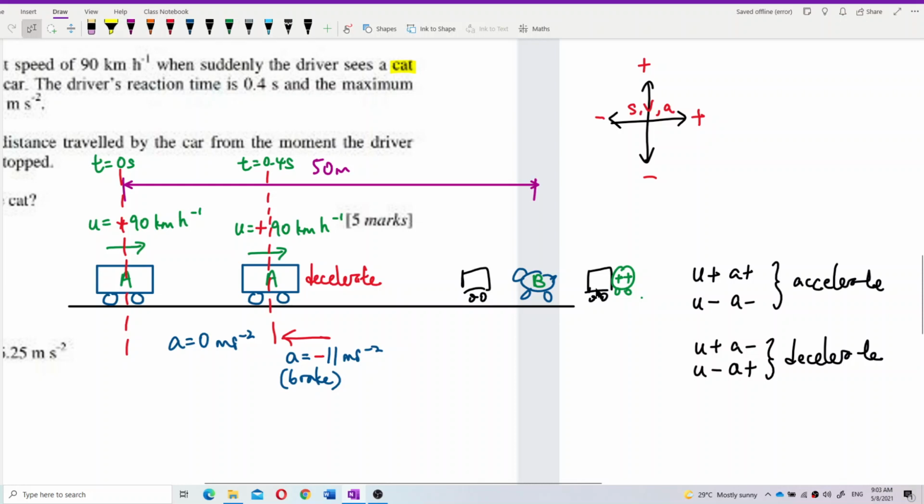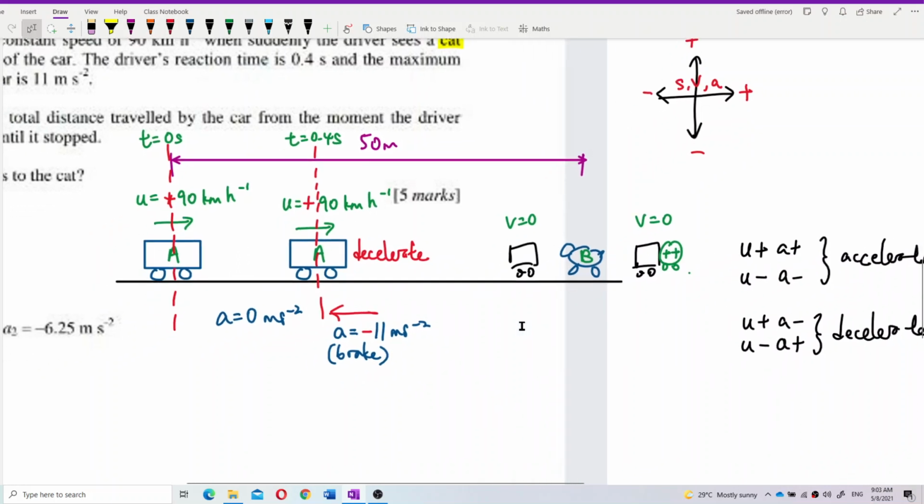Okay, so when it stops, that means the velocity has become 0. Velocity of the car is 0. So there are two possibilities. Is it in front of the cat or behind the cat? So we need to investigate the distance between the car and the cat.